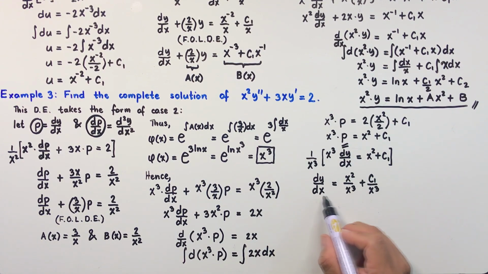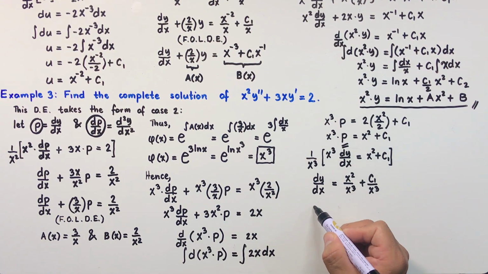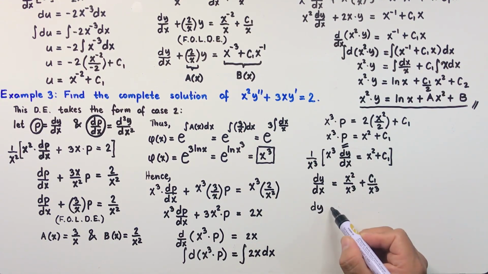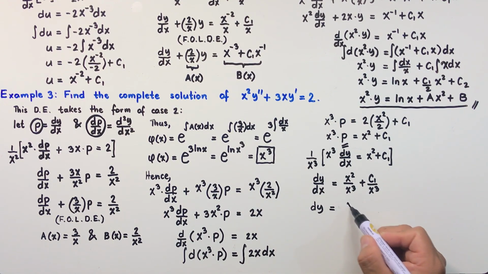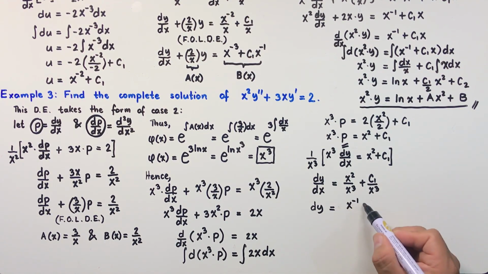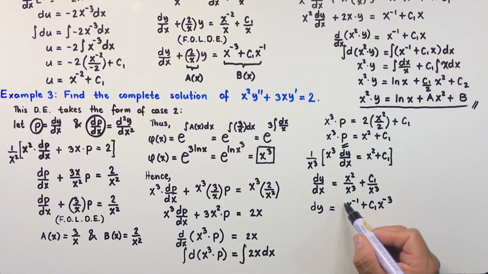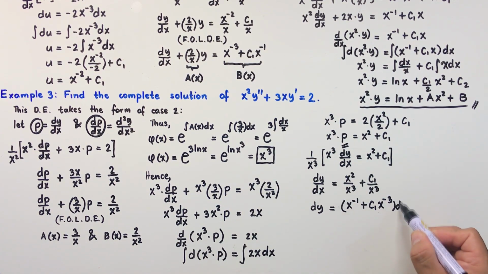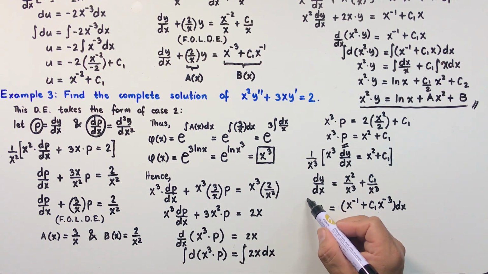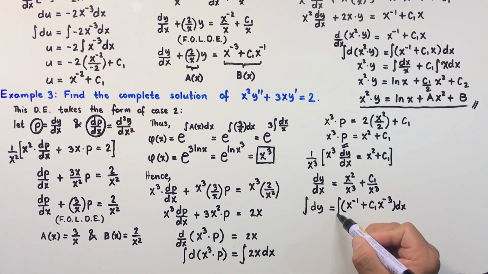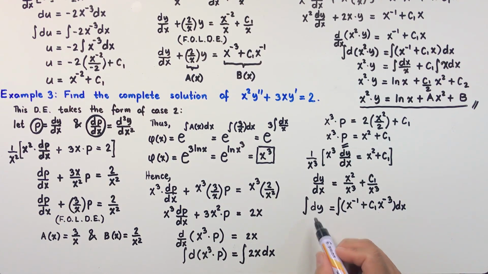Rewriting this equation further, we have dy equal to x to the power negative 1 plus c sub 1 x to the power negative 3 dx. We can now integrate both sides of the equation. So we have the integral of dy and the integral of this one here. We know that the integral of the differential cancels each other.